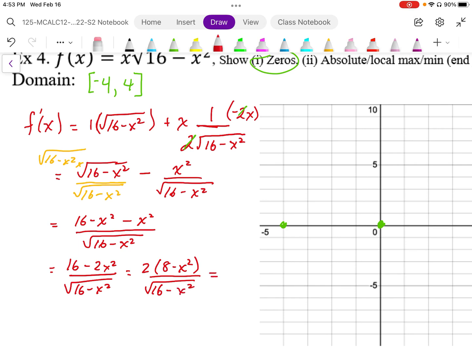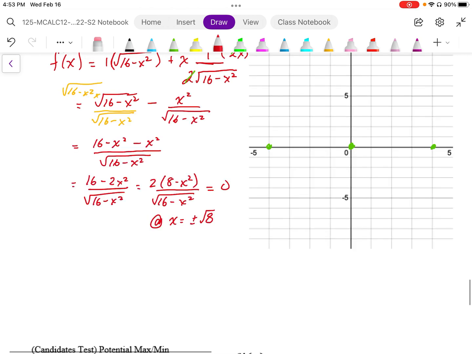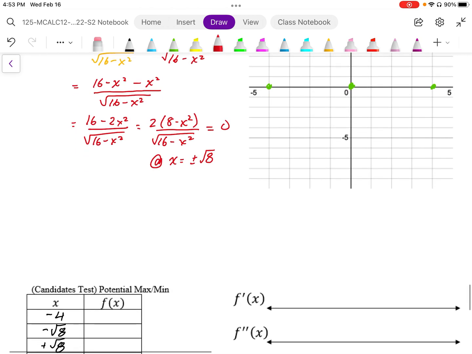Okay, so if I want to know where this is equal to 0, I look in the numerator, and it's equal to 0 at x equals plus and minus square root of 8. Okay, so I have non-differentiable points at the endpoints. Okay, so those are non-differentiable points. So I'm just going to start plugging into my derivative expression here.